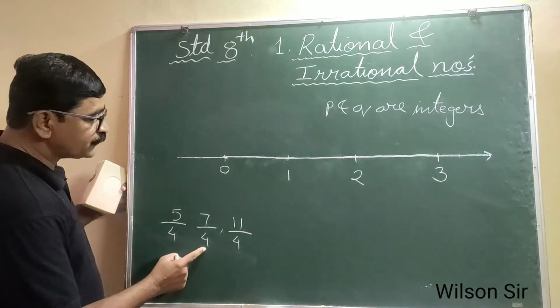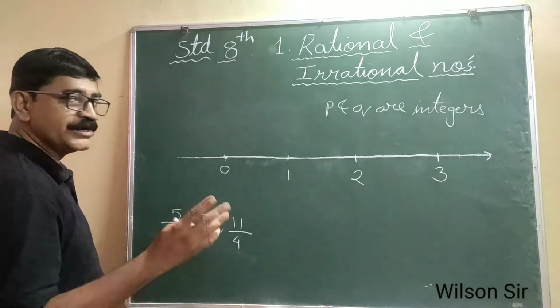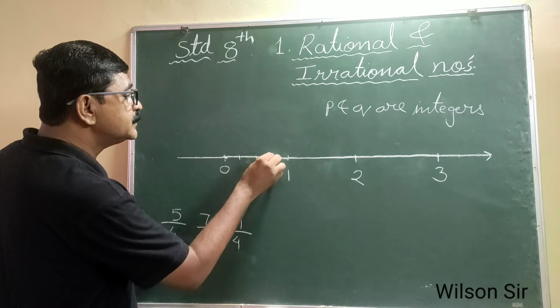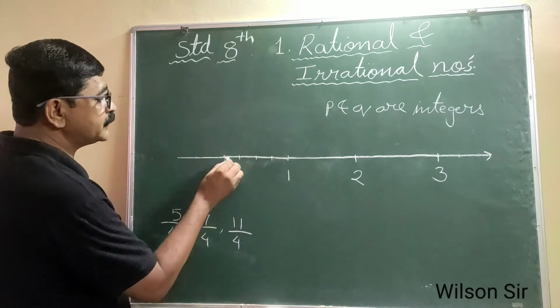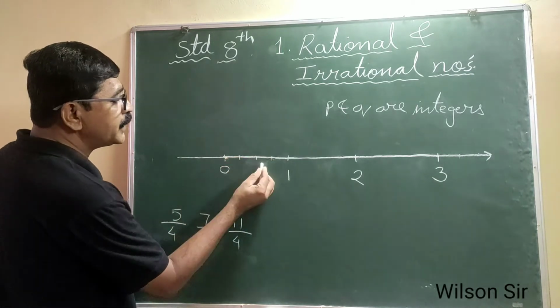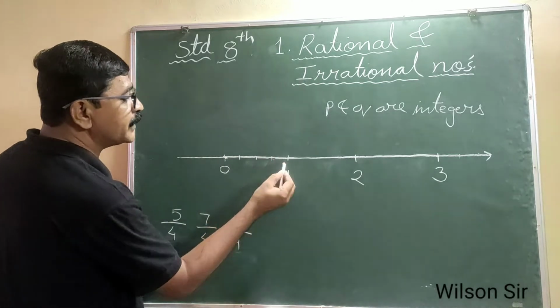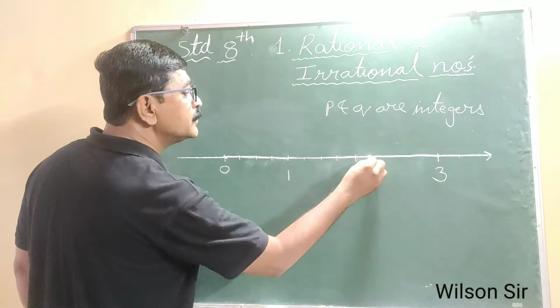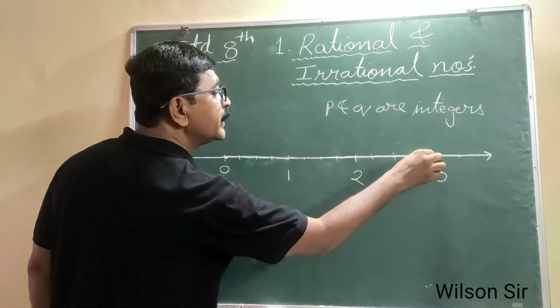See, the denominator is 4, so 0 to 1 has to be divided into 4 parts: 1, 2, 3, and this is the 4th part. This is also 1 part, 2 part, 3 part, and this is the 4th. 1, 2, 3, and 4.